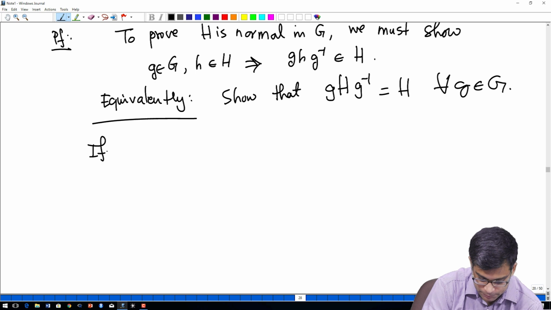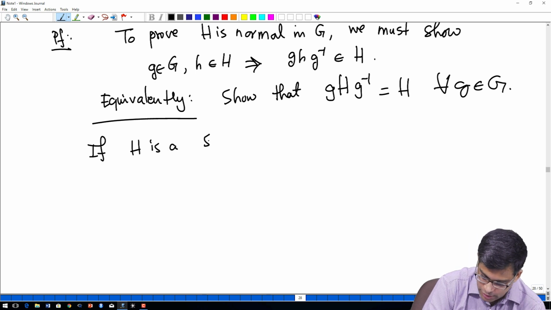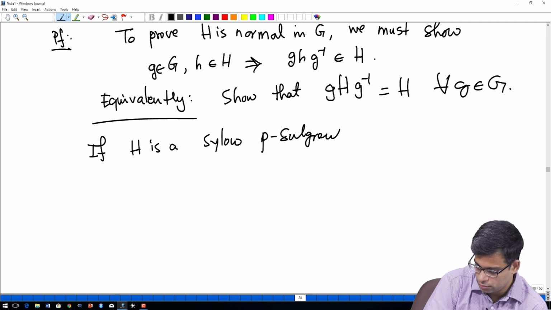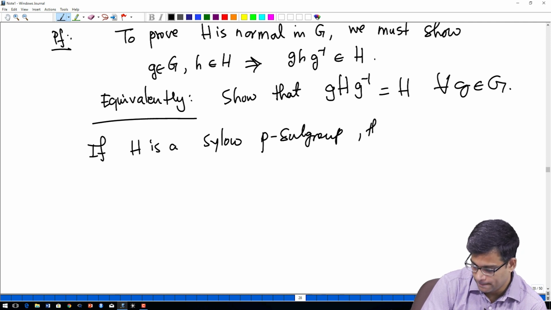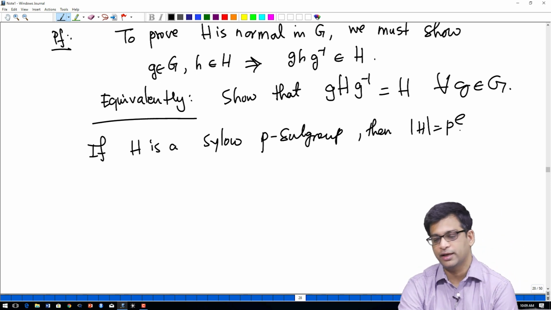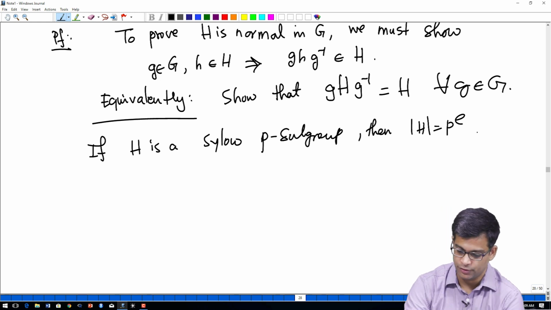Now, if H is a Sylow p-subgroup, then H will have order p to the e. Of course, again order of G contains p to the e as the largest power of p.